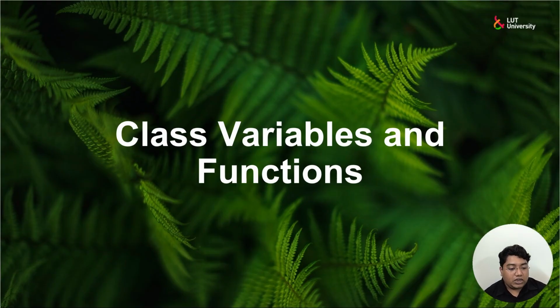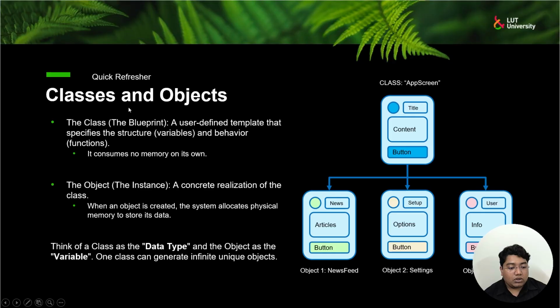So, before we introduce anything new, let's spend a minute refreshing on an important idea, which is that a class is a blueprint. It describes what an object would contain and what it should be able to do. By itself, a class doesn't store any data in memory.